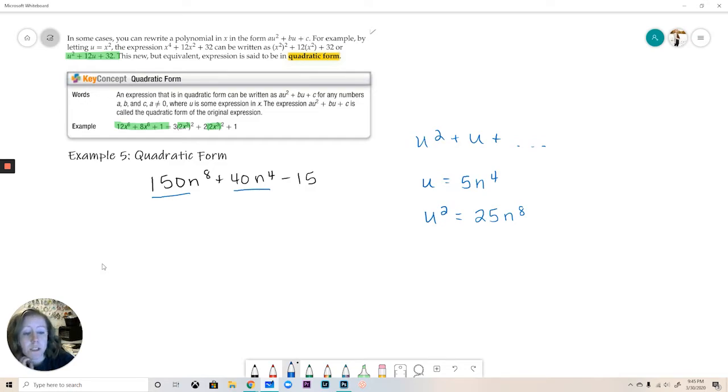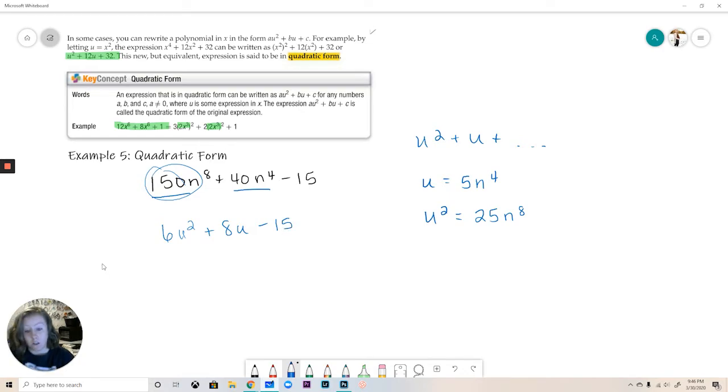So I'm going to go back to my expression and take out a 25n to the 8th from this first term here. So 150 divided by 25 is going to be 6. So this will now be 6u squared plus, and then since u alone is 5n to the 4th, this will now be plus 8u, and then that 15 is a constant, so it's just going to stay as is.